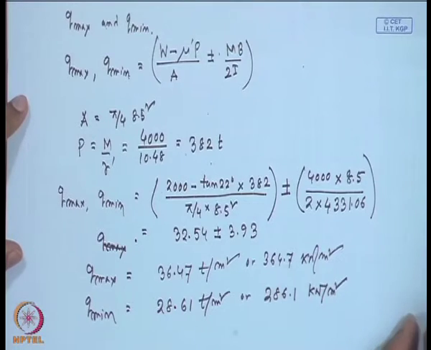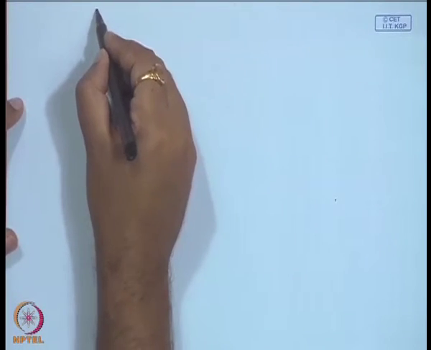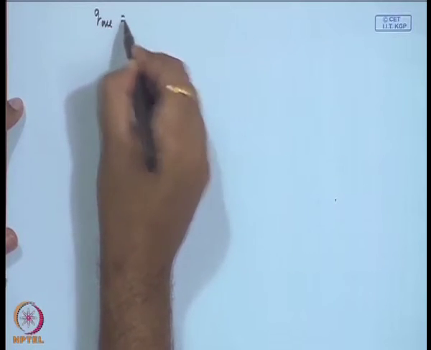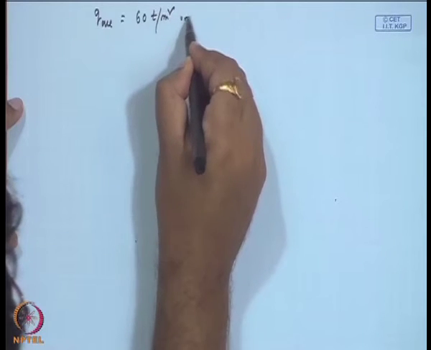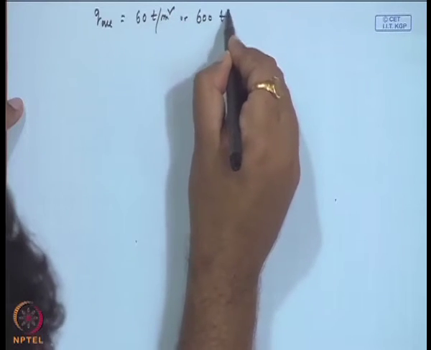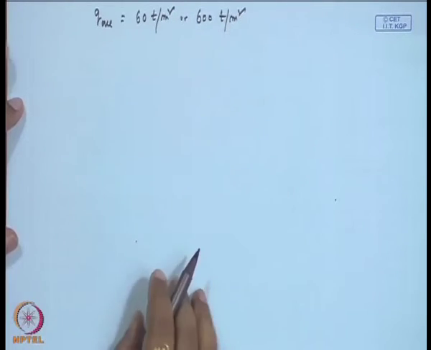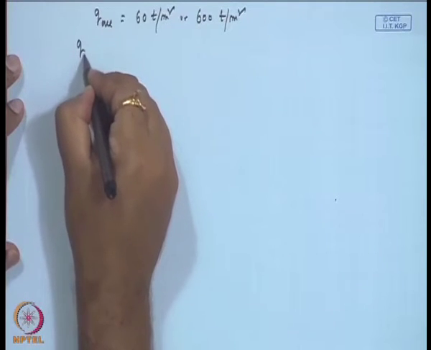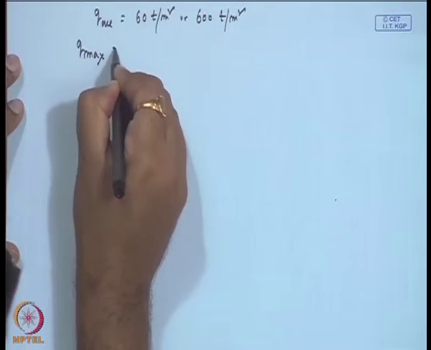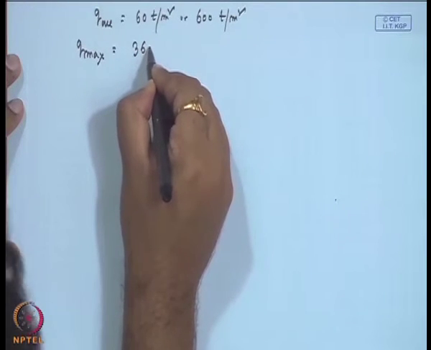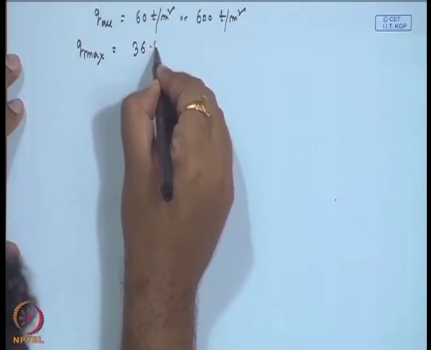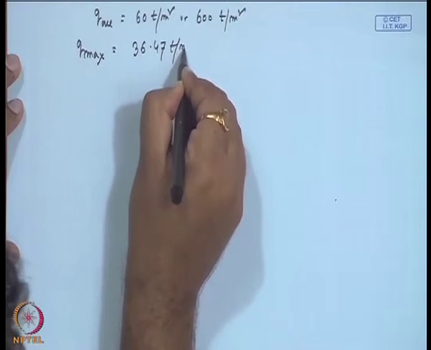The allowable stress Q allowable is given as 60 ton per meter square, whereas Q max is 36.47 ton per meter square.